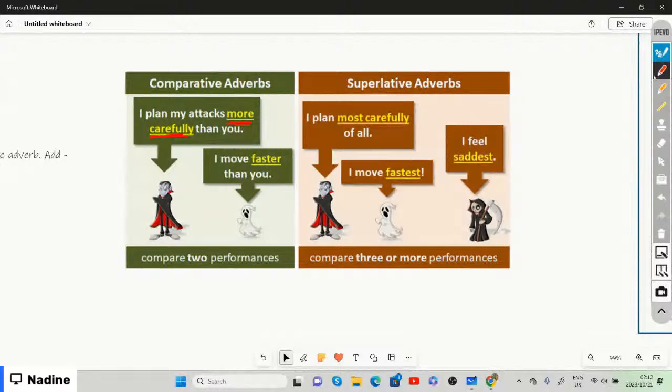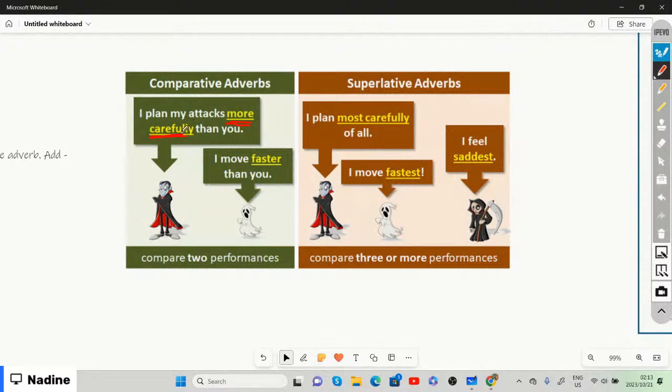But as soon as the word, like carefully, has more than one syllable, then for our comparative adverb we say more carefully.